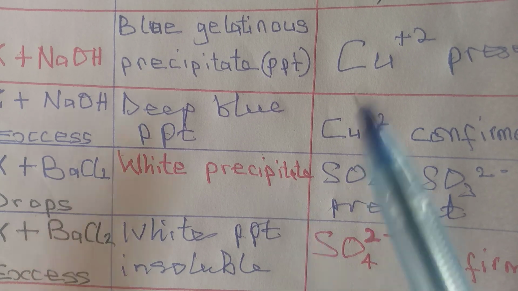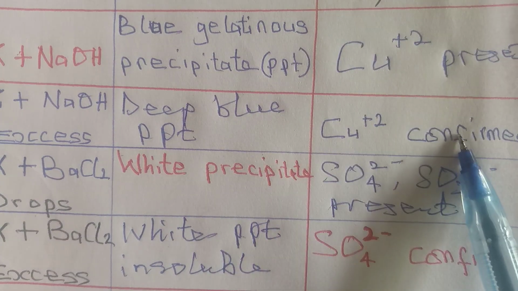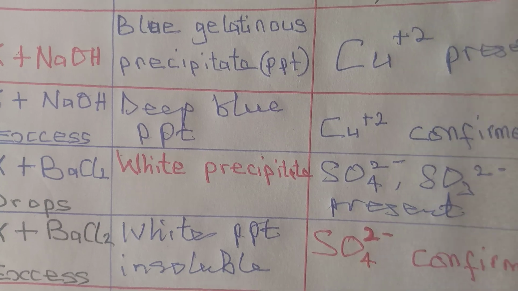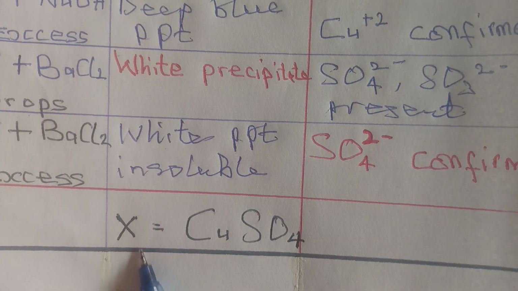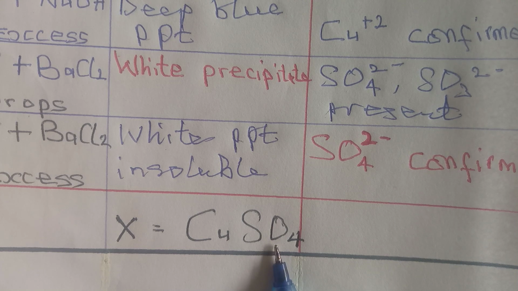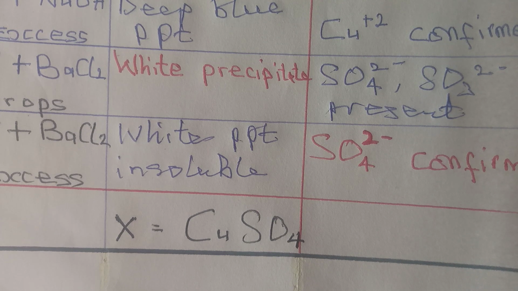Now, having identified the cation as copper 2 ion, and the anion as sulfate, you can now name substance X. Obviously, substance S is copper 2 tetraoxosulphate 6. So this alternative to practical is actually very interesting, and it requires a little degree of thinking, the ability to harmonize and put in order all the things that you have studied.